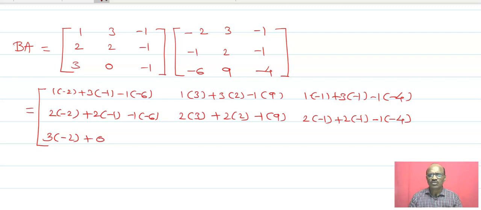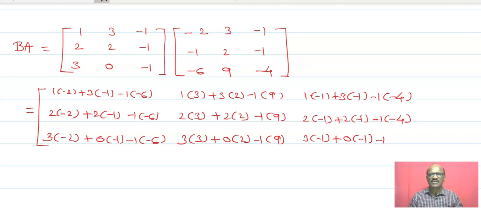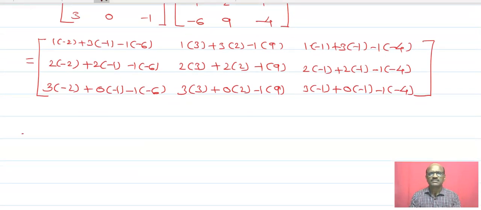Now third row of the first matrix, their elements will multiply correspondingly to the first column of the second matrix, and third row, second column, third row, third column, and in this way you can get their multiplication. We'll get their values.